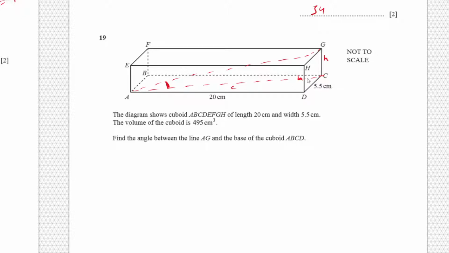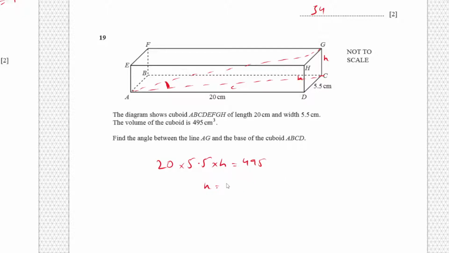So we can find the line C, we can find the line H using the volume here, and then we can use SOHCAHTOA, trigonometry, to solve this. Sine, cosine, or tan. We'll come to that later. First, let's find H. Well, we know L times W times H should give you 495.